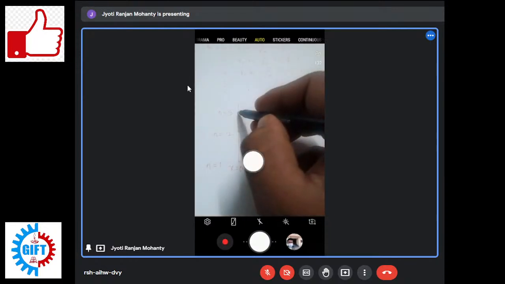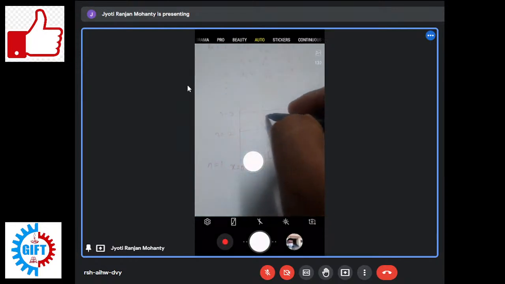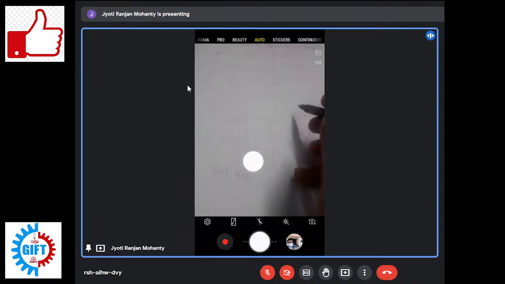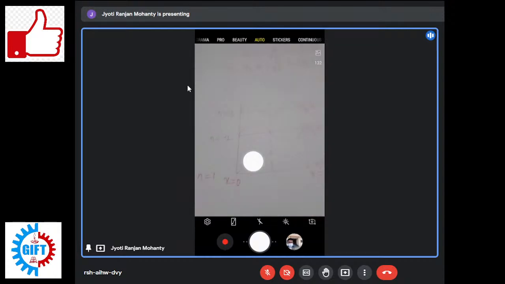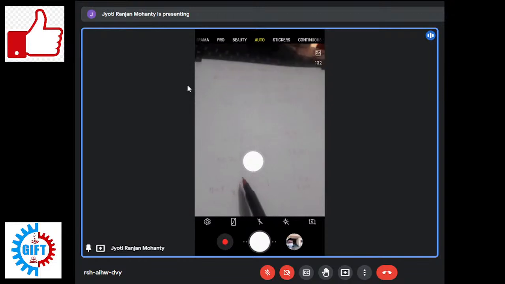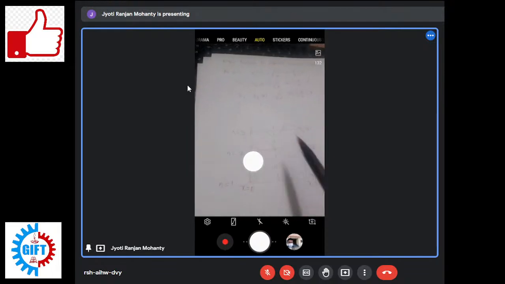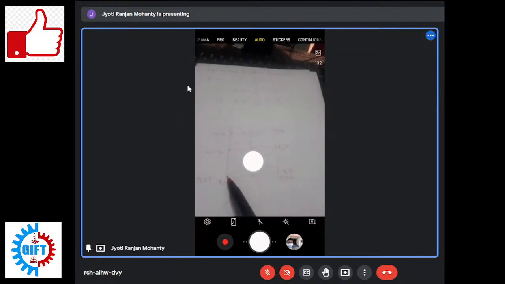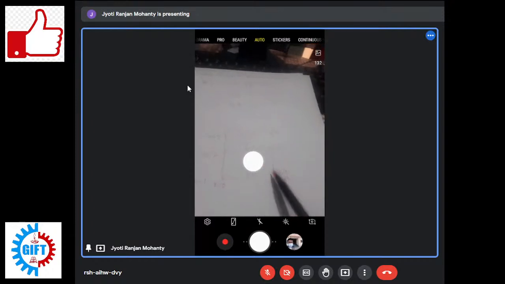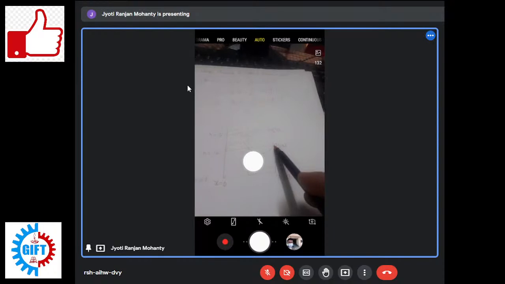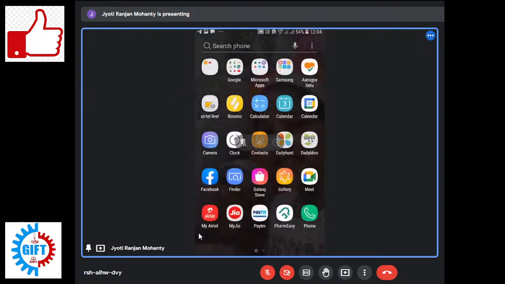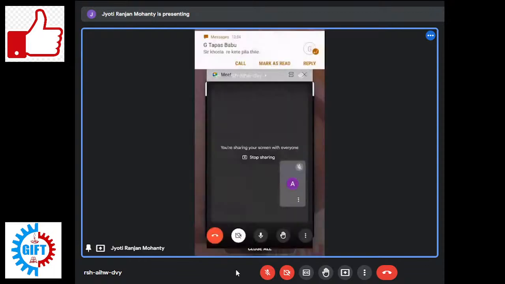Okay, so this is a pictorial representation. Different quantum states means different energy levels. N is equal to 1, n is equal to 2, n is equal to 3, and this is the eigenfunction for the first quantum state psi 1 x, for the second quantum state psi 2 x, and this is the third quantum state.